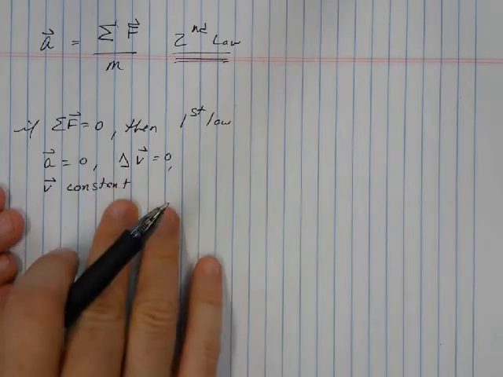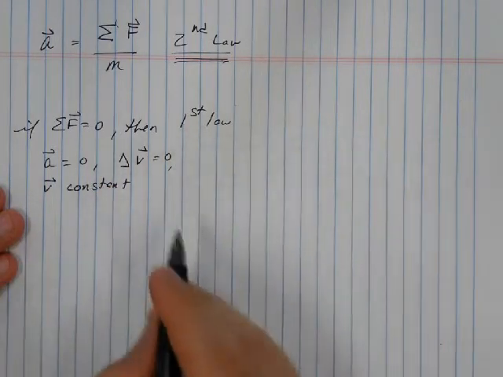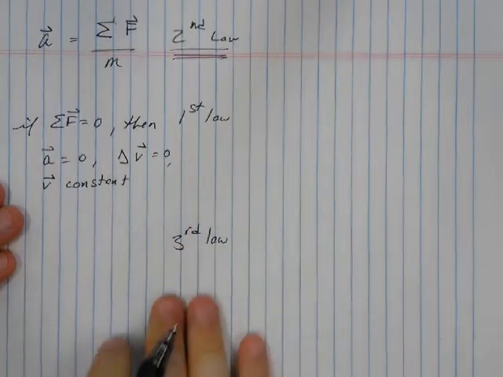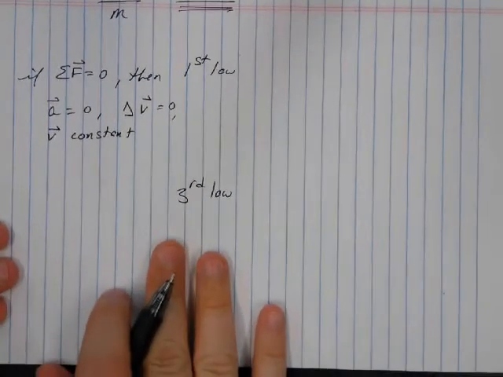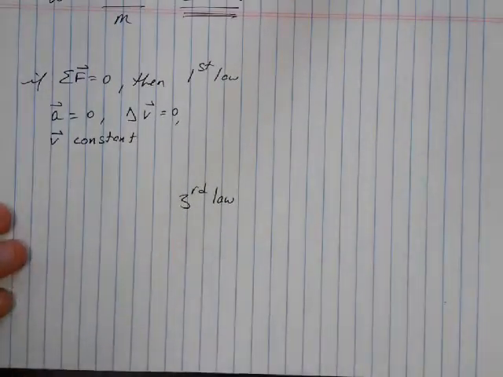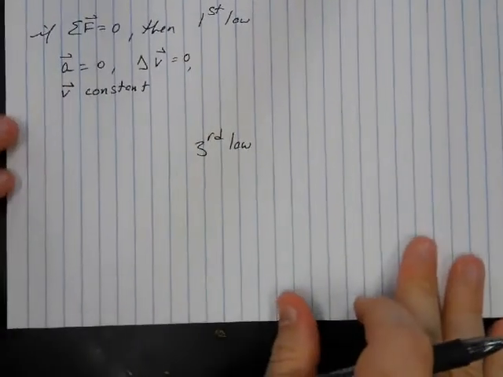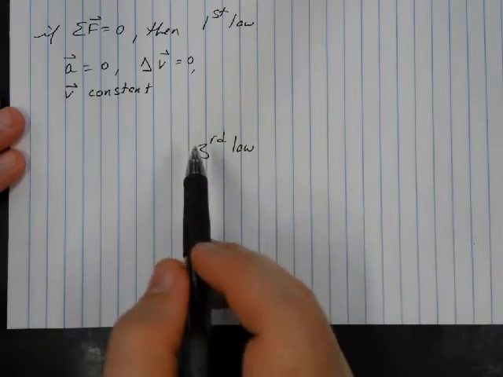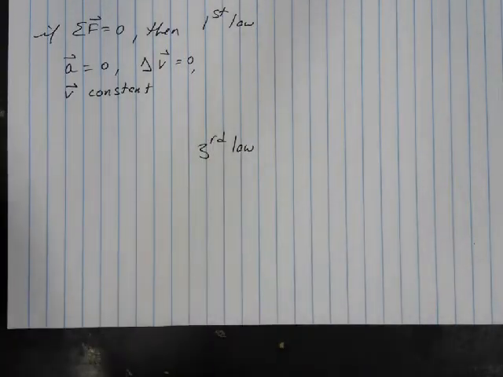Now, the third law is a little different. There's not too many places where the third law can come up and it makes a huge amount of sense. But sometimes you need it. And what we'll do is talk about it more in the context of when we talk about momentum and collisions.